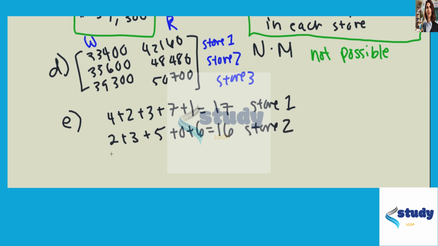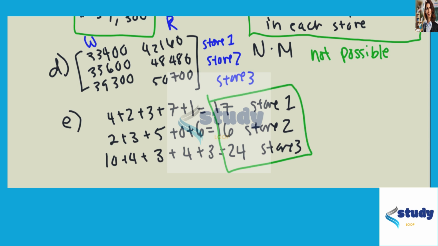And 10 plus 4, 14, 17, 21, 24 at store 3. Just like that, we have the total inventory at all 3 stores, and adding these up we get a final total of 57.